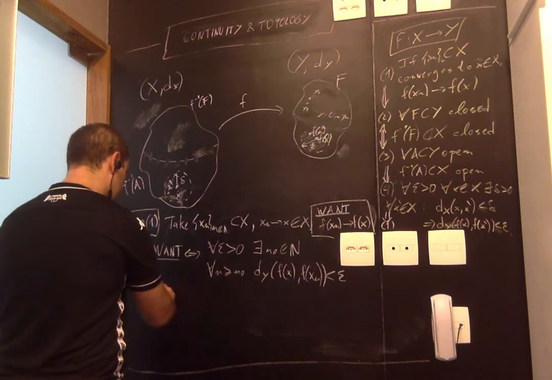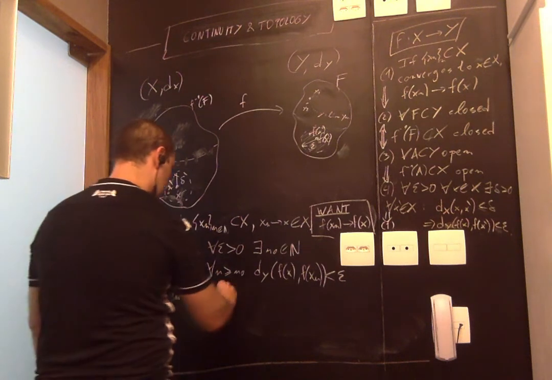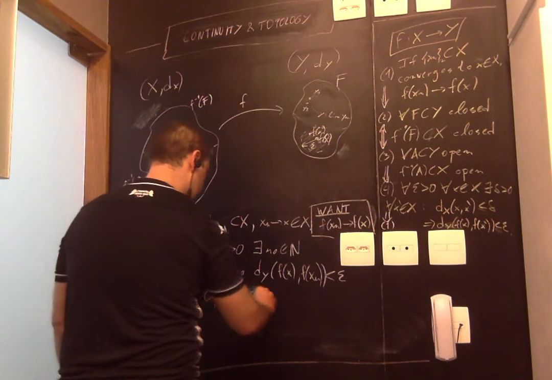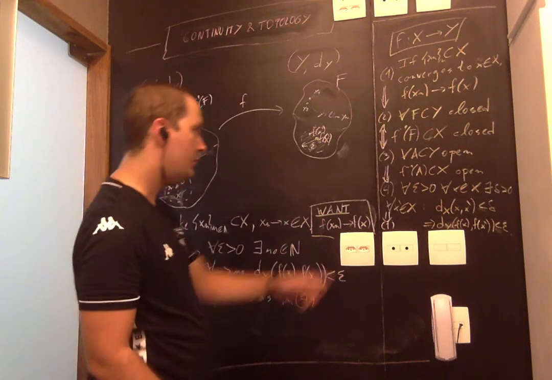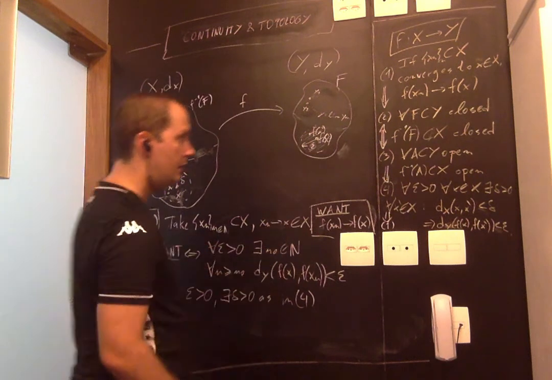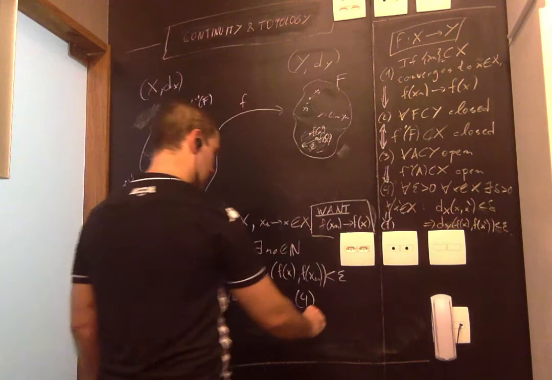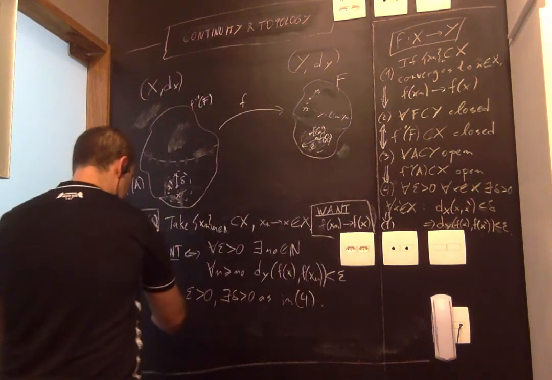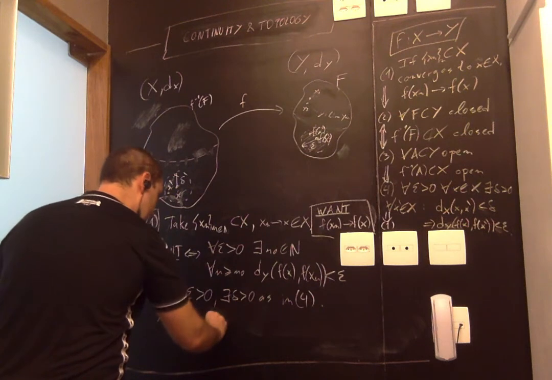So given epsilon greater than 0, there exists a delta as in condition 4. We're assuming 4, so we know that for any epsilon, for any x, I have a delta. And we know that x sub n converges to x.